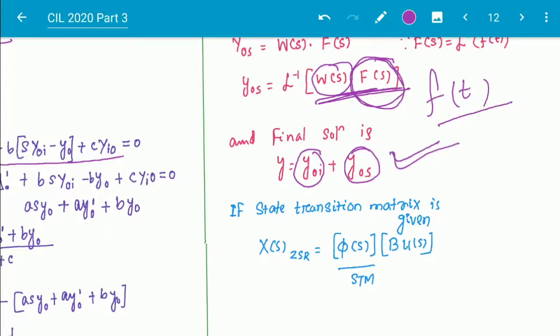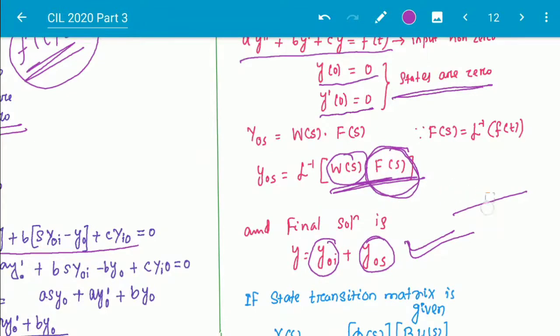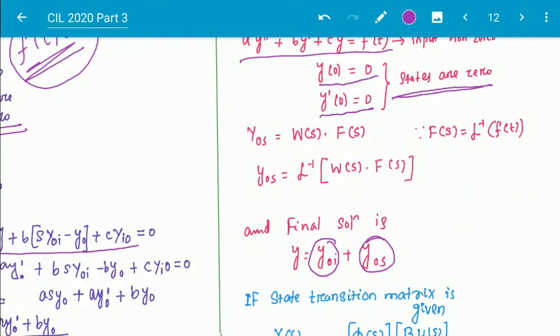And here in the question, only the zero state response is asked. Hence we have to multiply the transfer function with the input function in Laplace form and then find the Laplace inverse of the whole term.